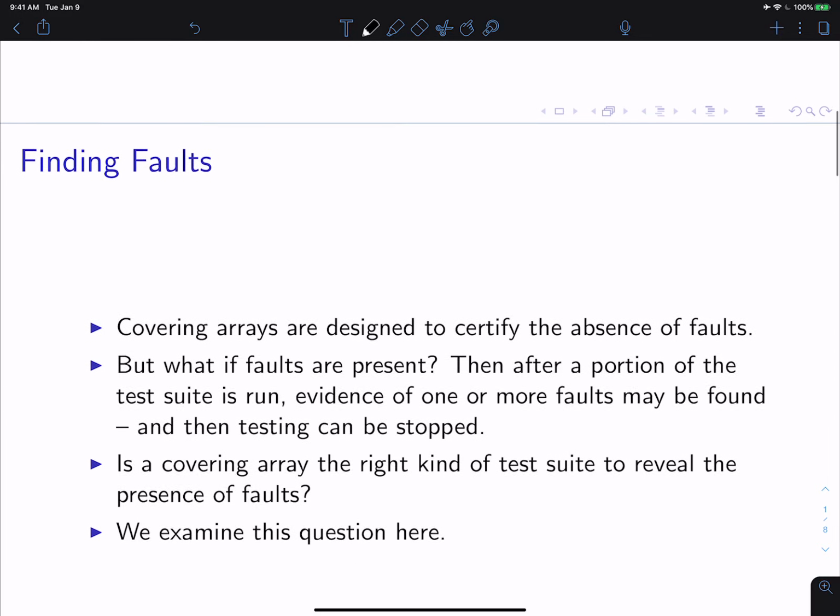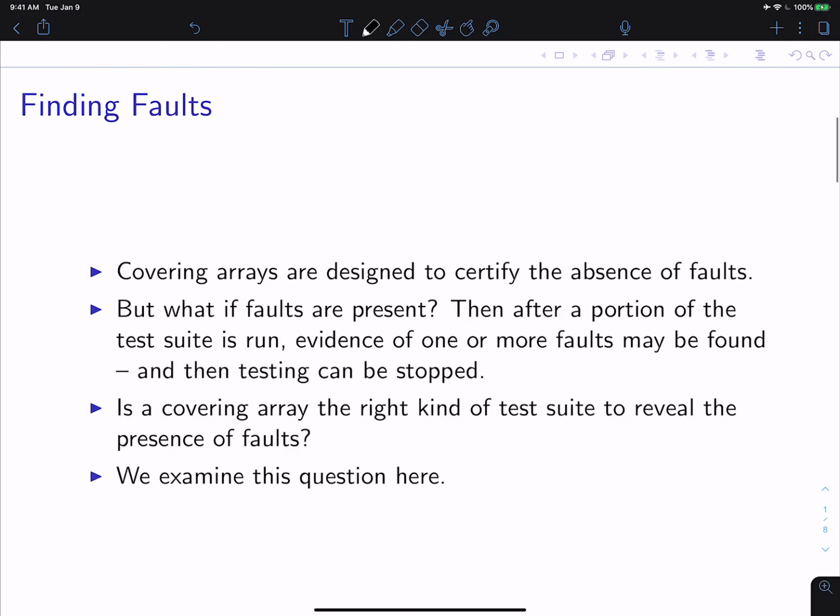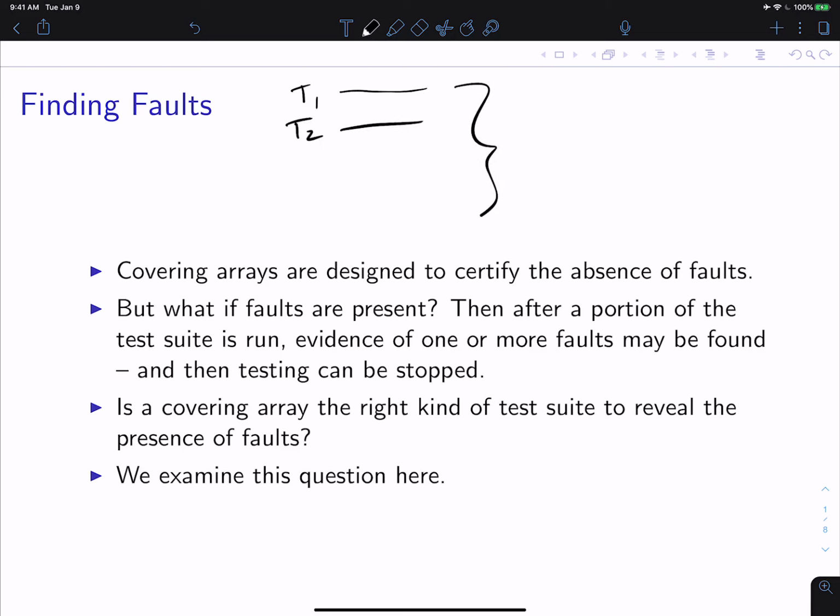So here's the central problem. If we have a test suite, and let's say the tests are right here, T1 is here. These are the rows in the covering array, and we have a bunch of rows. Let's say we have n of them.